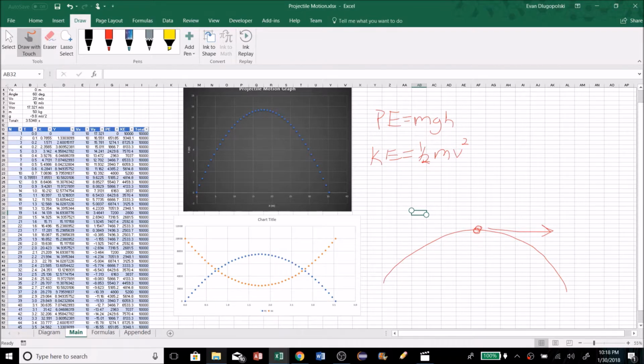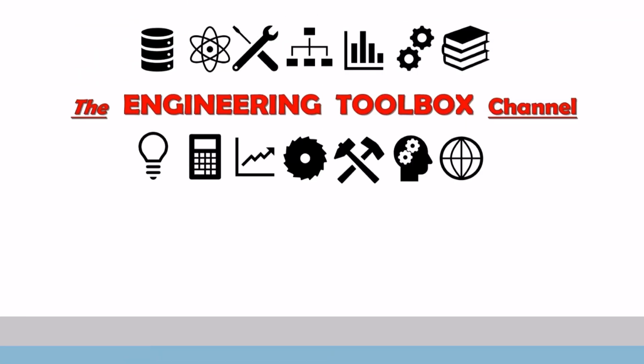There's no y velocity to it. So that's where the kinetic energy is at its lowest, because there's no y velocity, but there is still an x velocity, so the kinetic energy will never reach zero through the flight path.